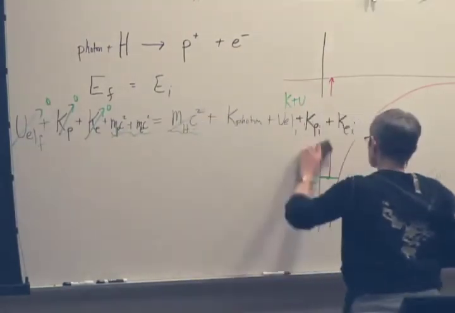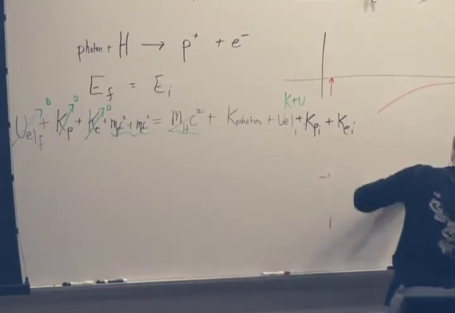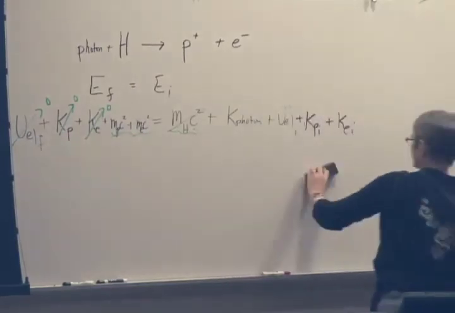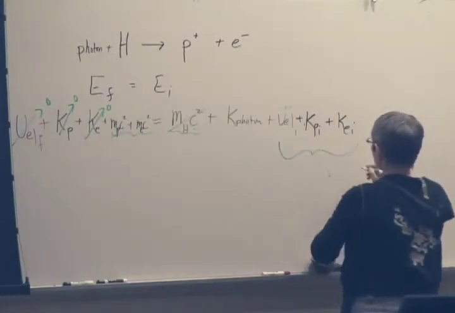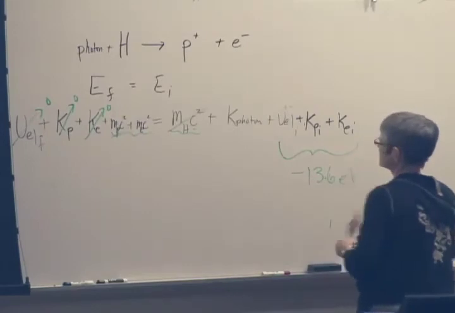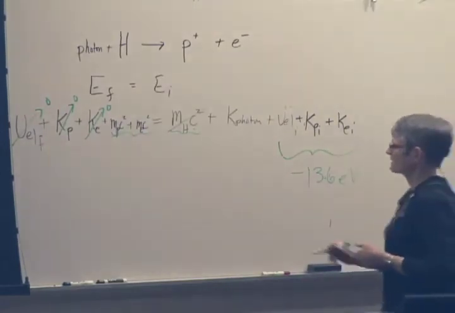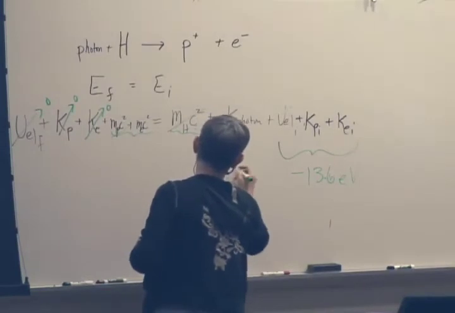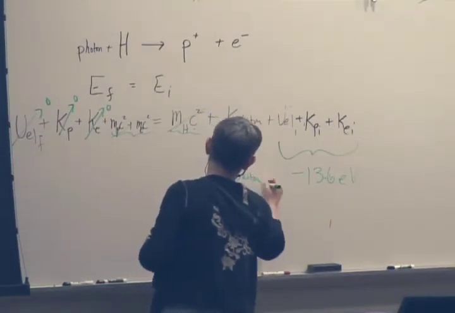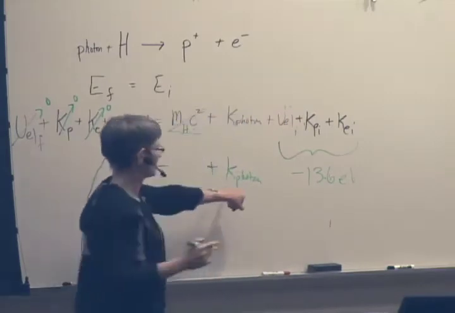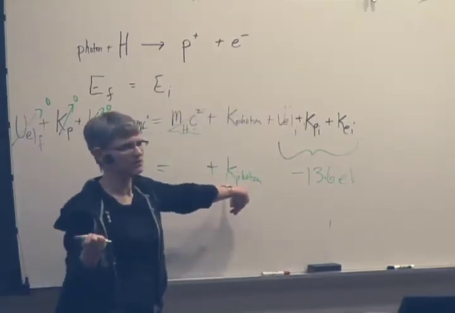And so that means that what we've got here is K plus U for the hydrogen atom, which we know was a negative 13.6 eV, plus the energy of the photon, is equal to 0. So the energy of the photon had to be plus 13.6 eV.